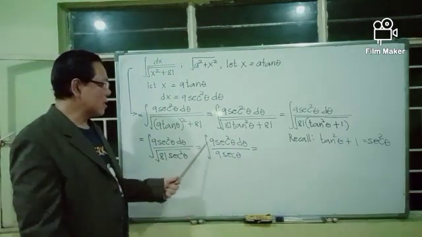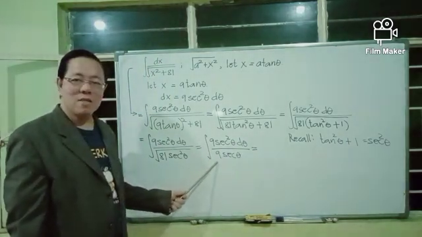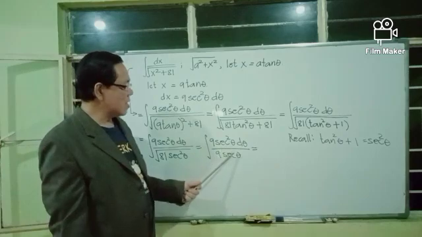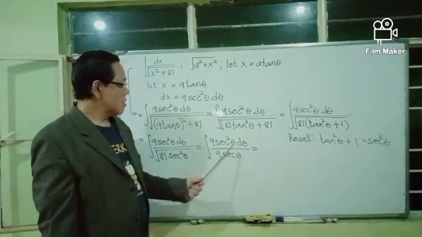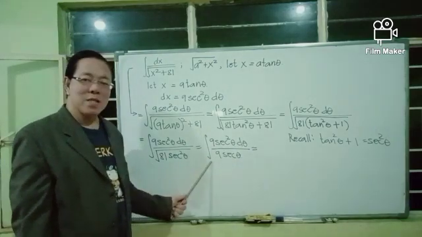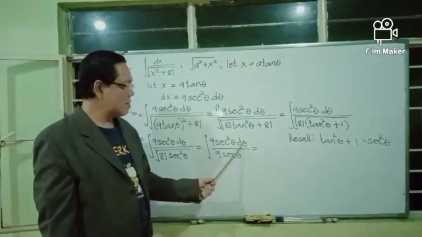And you can see that 9 over 9 will cancel out because it's 1. And secant squared theta divided by secant theta is secant theta. So this expression simplifies to the integral of secant theta d theta.